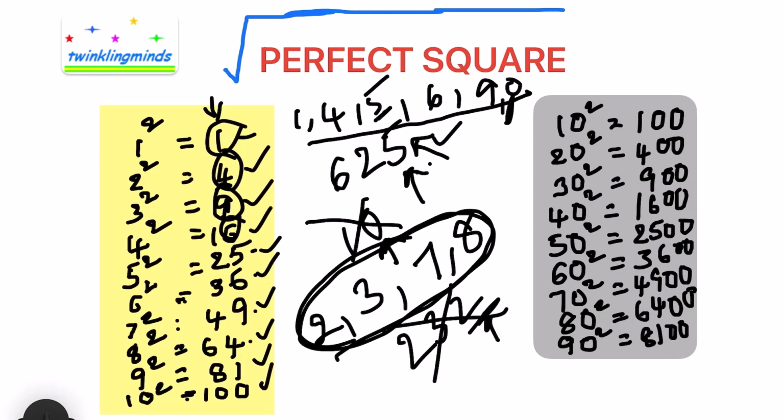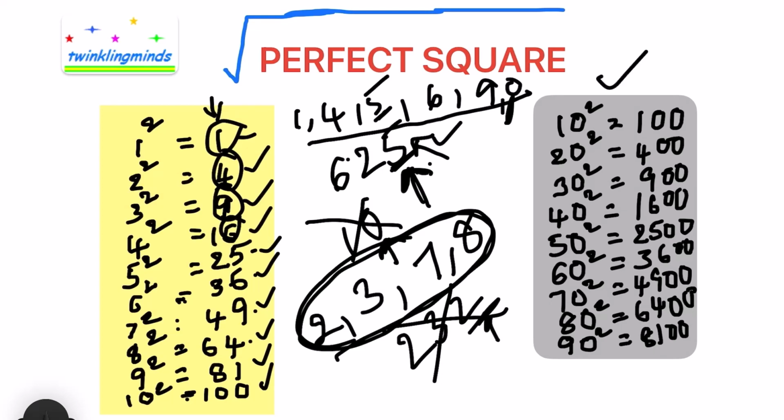This is not a perfect square. That way you can eliminate those which are not perfect squares. But if you have one of these 6 digits at the units position, then it can be a perfect square.